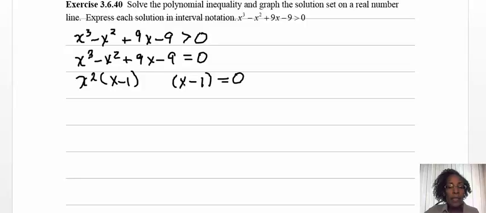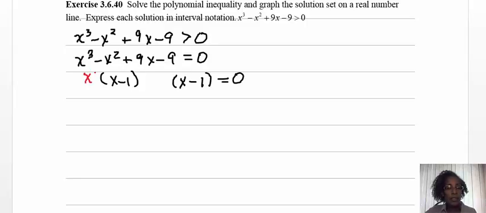So x has to be multiplied by positive 9 for me to get this third term, positive 9x. So it's a positive 9 that is multiplied by x minus 1. And I double check that that actually gives me that fourth term. Positive 9 times negative 1 is negative 9. And I am going to use colors to illustrate this next step.